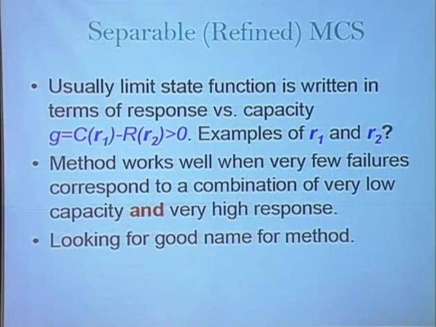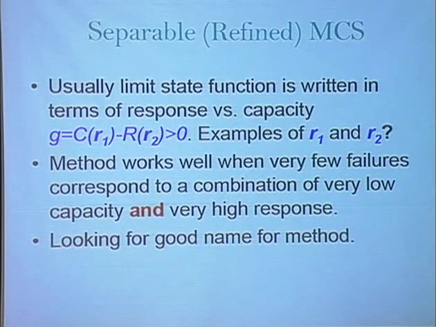Now, there are general methods for calculating reliability, and the Monte Carlo method is one of them. Condition number 1 is that R1 and R2 are different, and condition number 2 is that the failures typically correspond to only one of those two, that is, the capacity or the response, being bad.